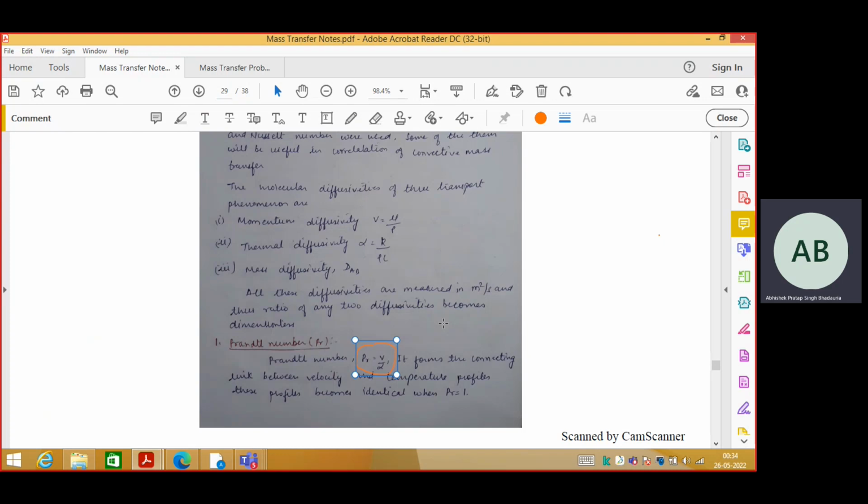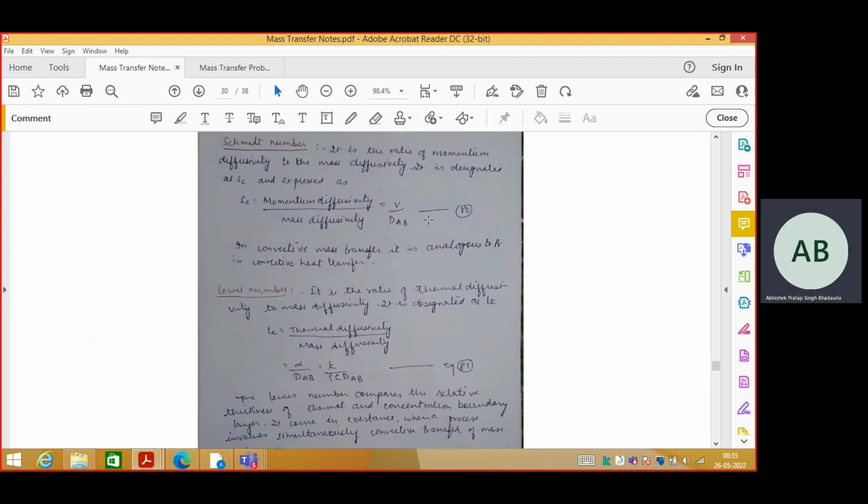When the Prandtl number is equal to 1, the hydrodynamic boundary layer and the thermal boundary layer will be the same. So the velocity profile and the temperature profile become identical when the Prandtl number is equal to 1. Now the second number is the Schmidt number.